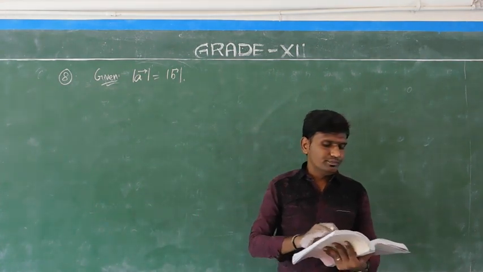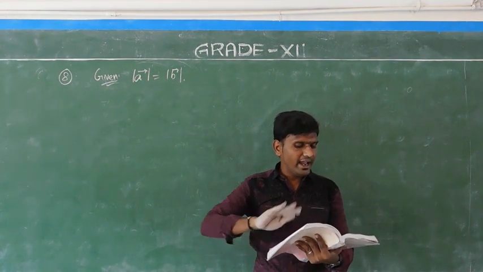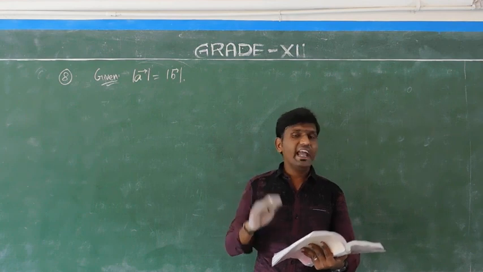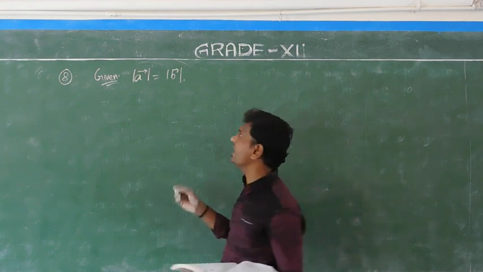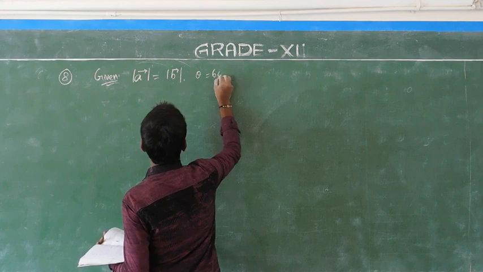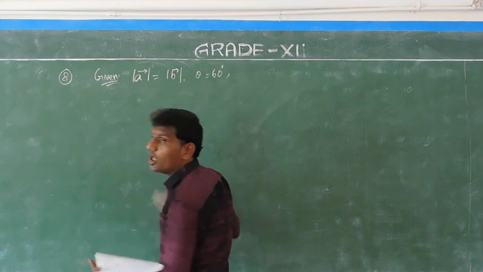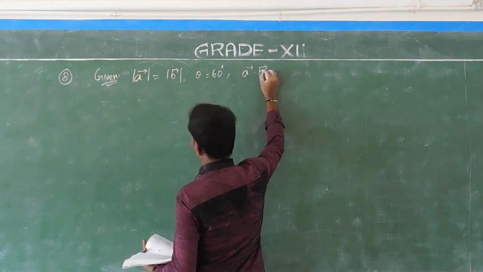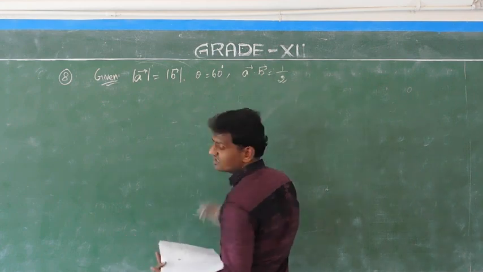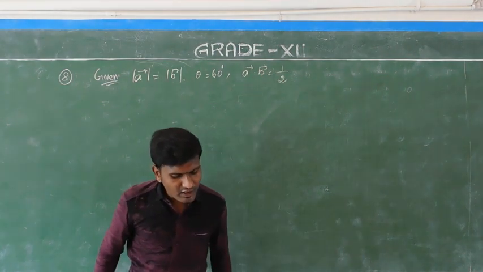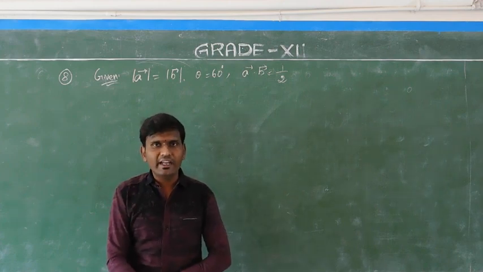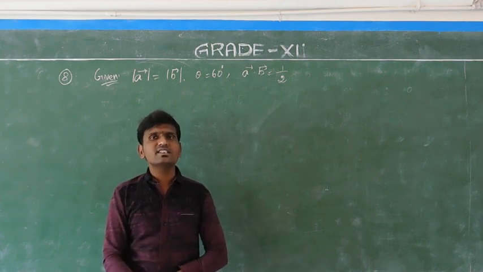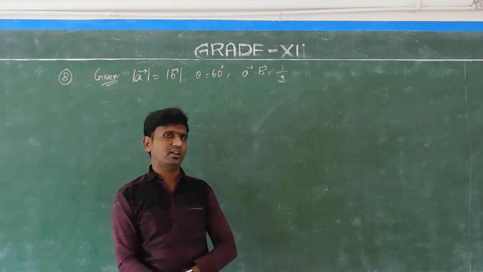The angle between them, theta, equals 60 degrees, and the scalar product, that is a dot b, equals 1 by 2. So this is your given. Find the magnitude of the vectors a and b.